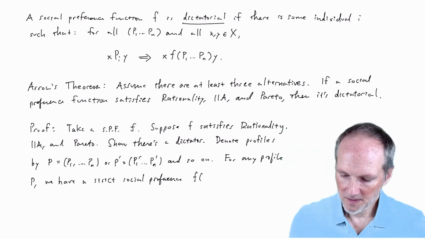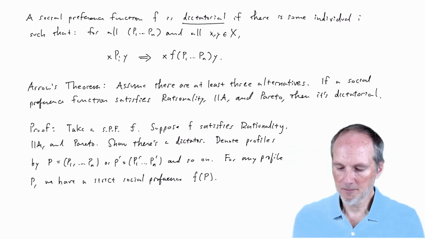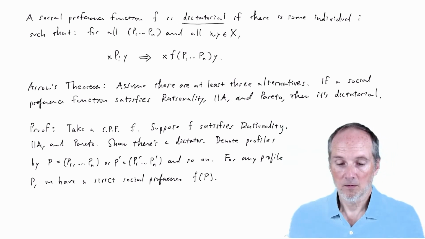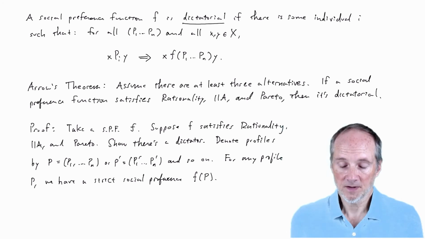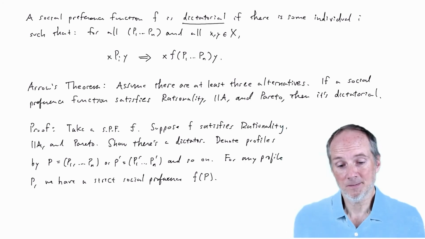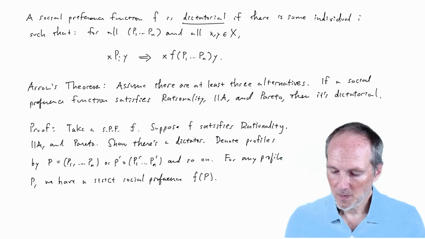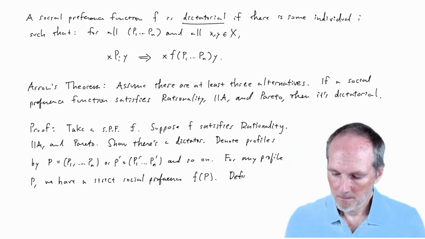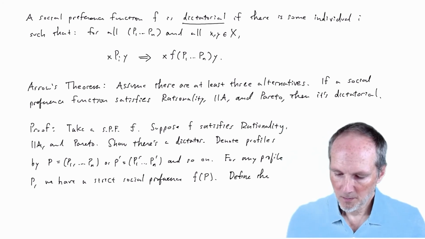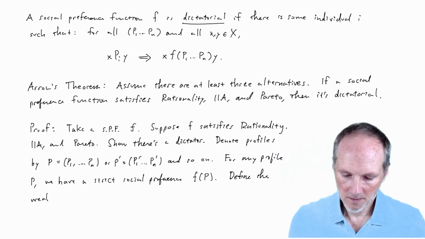And I'm going to just use this P notation now. When we talked about individuals, though, we then defined weak preference, okay? And we can do the same thing here. We can define the weak preference relation that corresponds to the social preference.